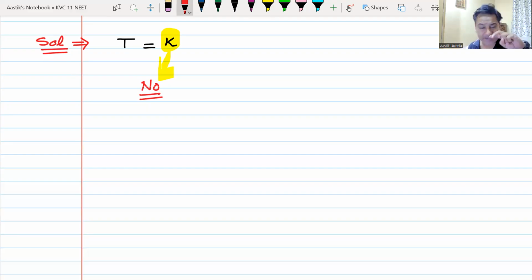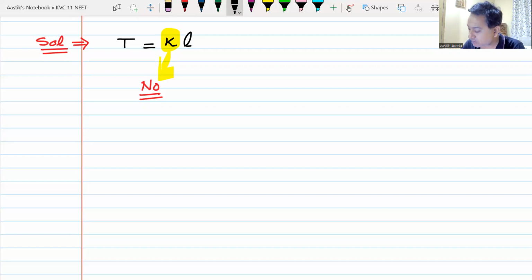We had seen that the time period depends on three things. What were those three things? Can anyone tell me? What was the first one? Length. Let us call this length as L. Now I don't know how it depends on L. It might be directly proportional, inversely proportional, raised to the power half.